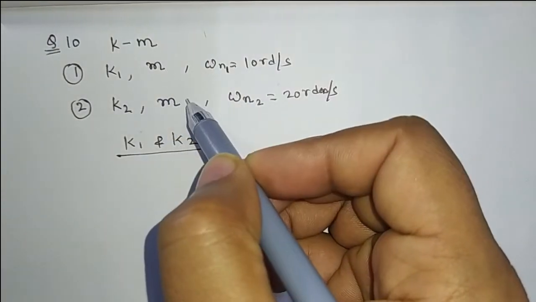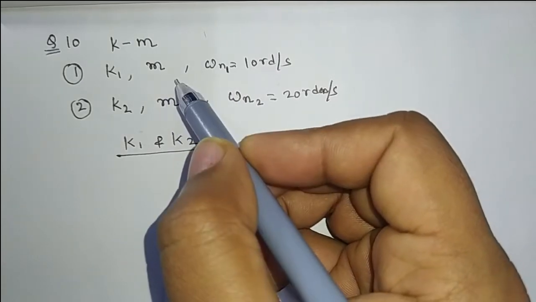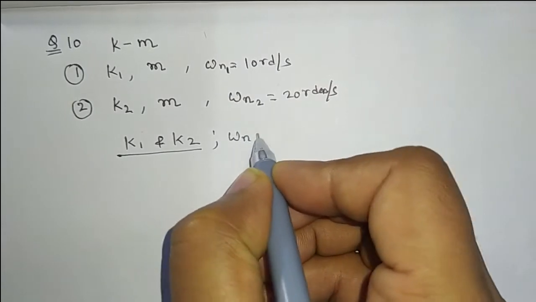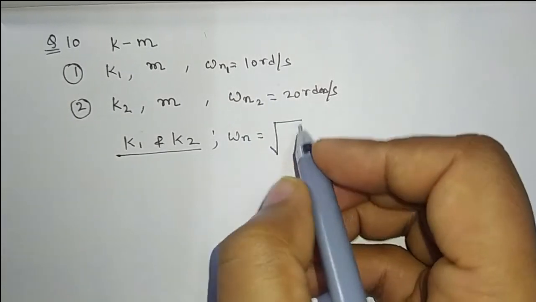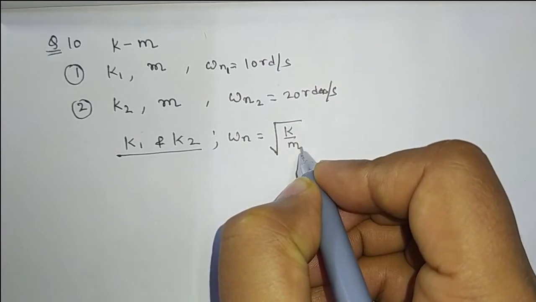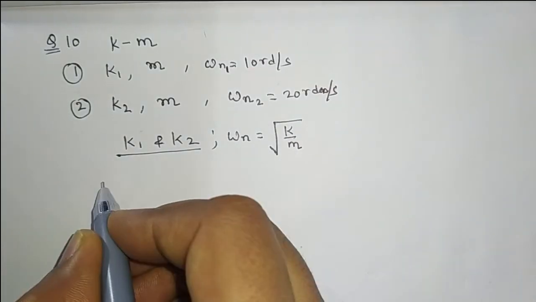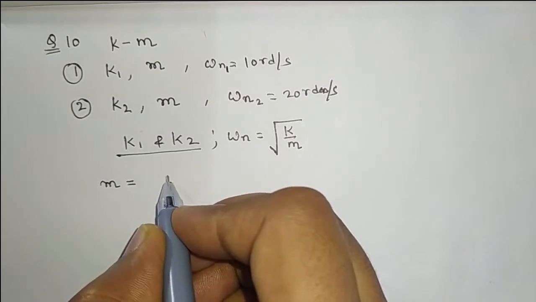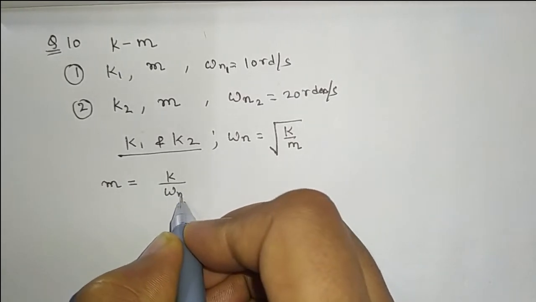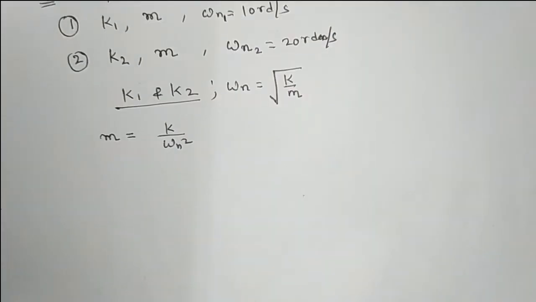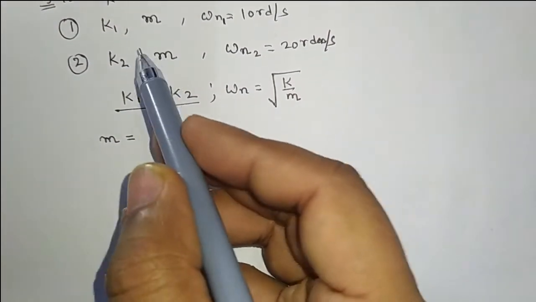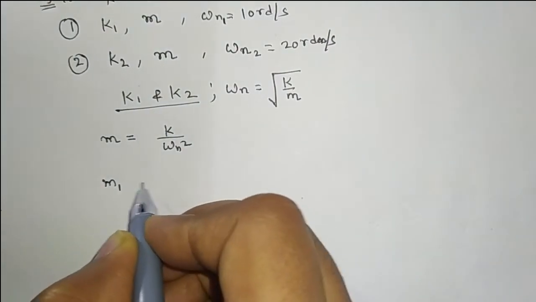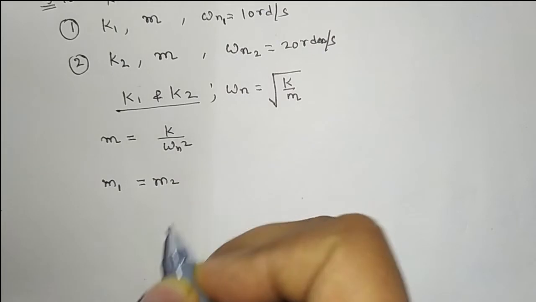As we can see, the mass in both systems is the same, and we know that the natural frequency for a spring-mass system is given by the square root of K by m. So from here we can calculate the mass as K by omega n square. So we will use this formula to relate the values of K1 and K2. The mass of the first system is equal to the mass of the second system.